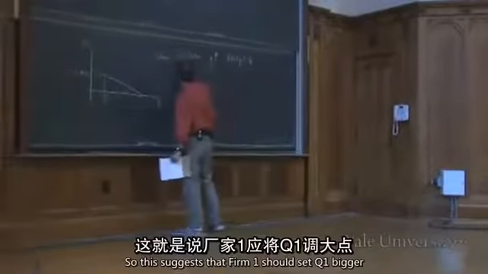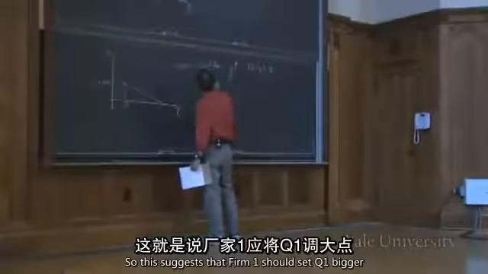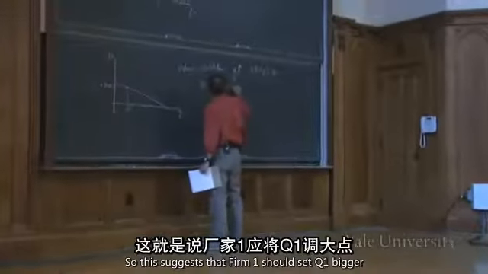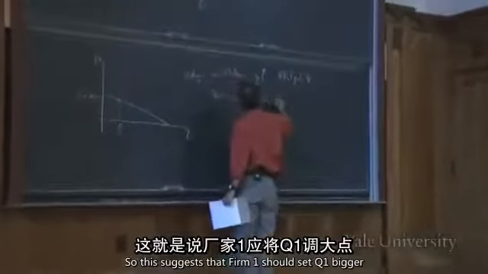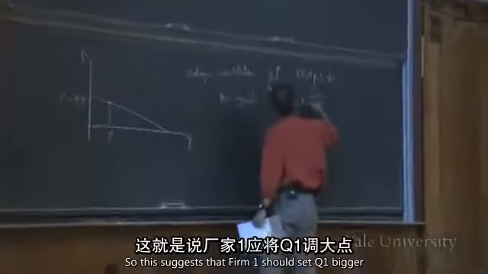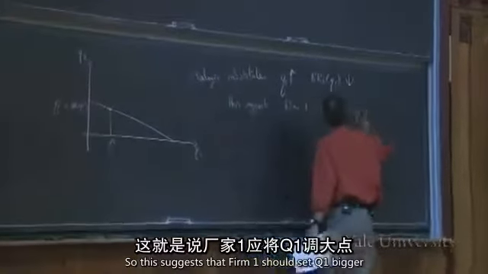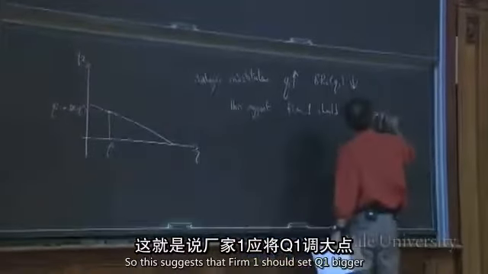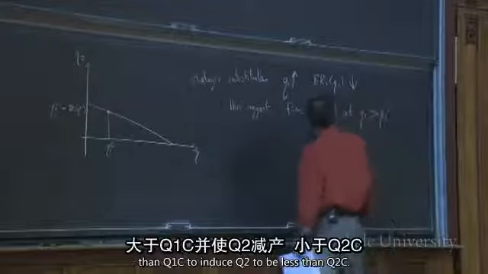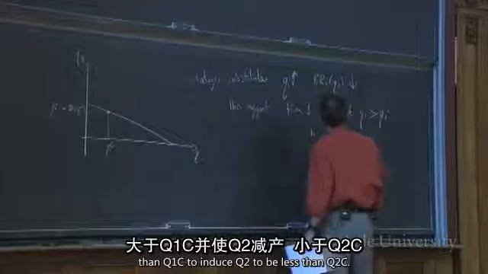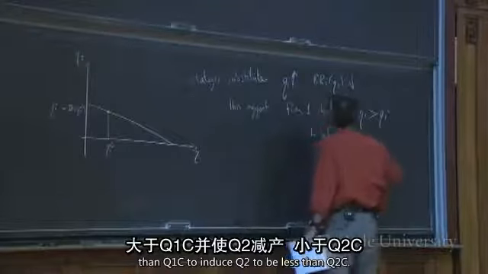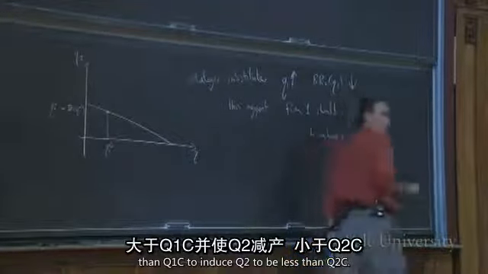So this suggests that firm 1 should set Q1 bigger than Q1C to induce Q2 to be less than Q2C.